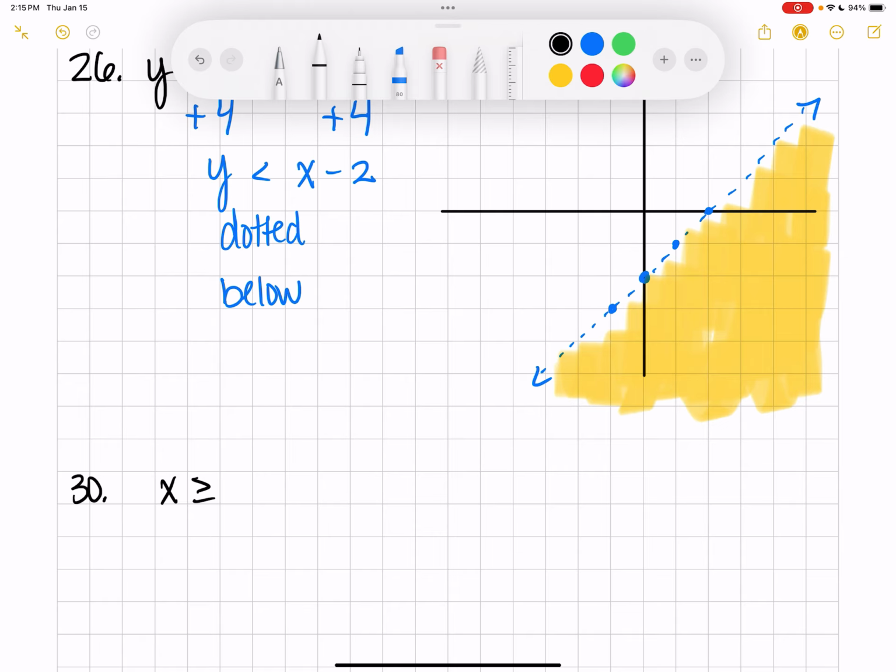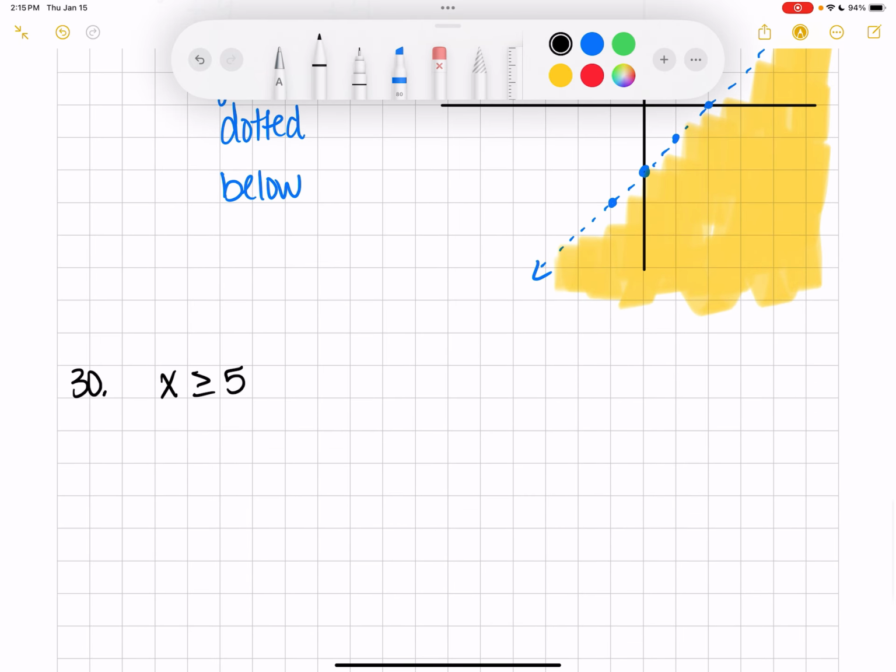Number 30: x is greater than or equal to 5. Oh, wait, can I do this one? Yeah, you got this, Taylor. So, it's a solid line, and if it's negative, it's below, right? No, wait, it's based on which way the mouth is facing. What variable is in this?